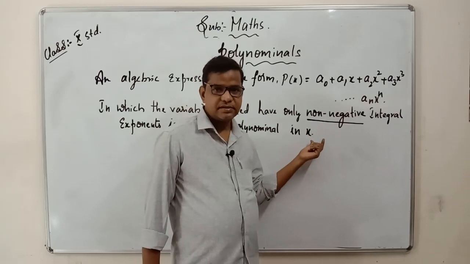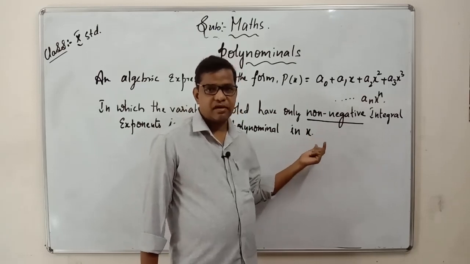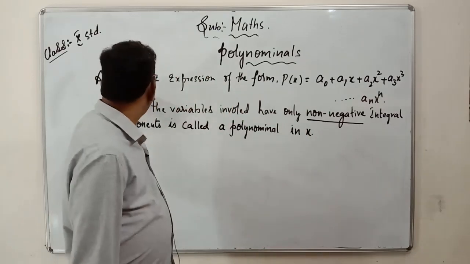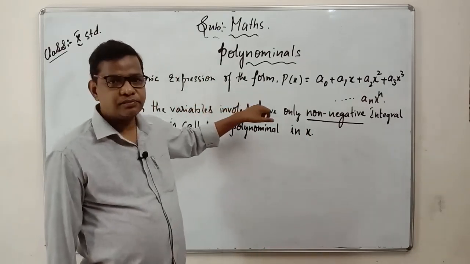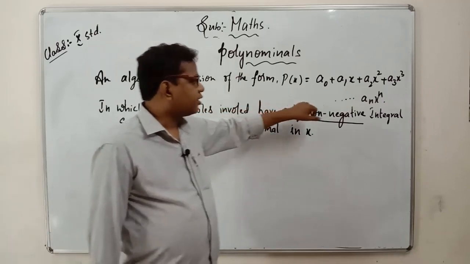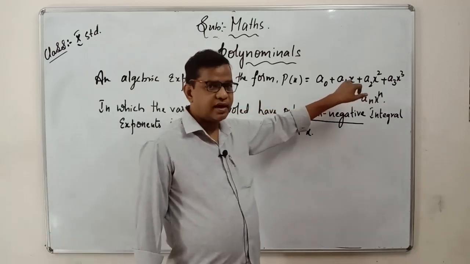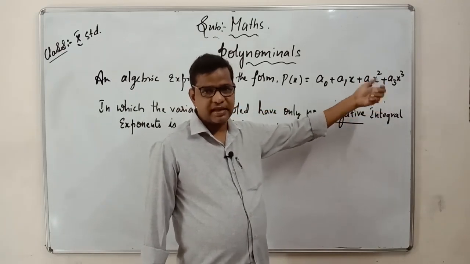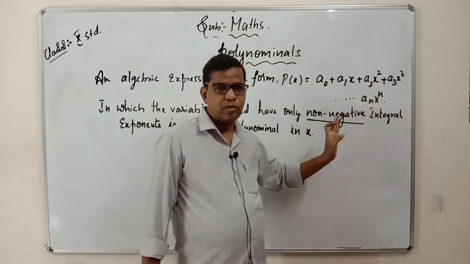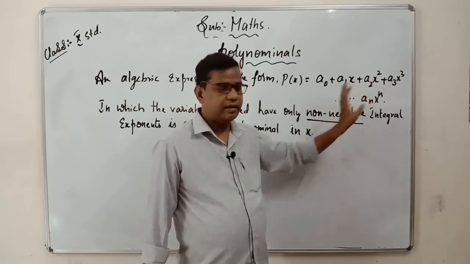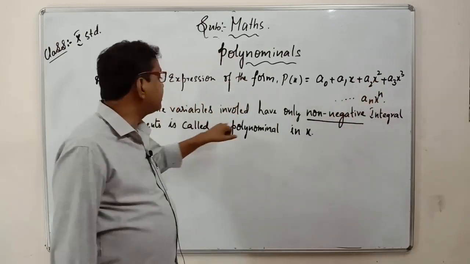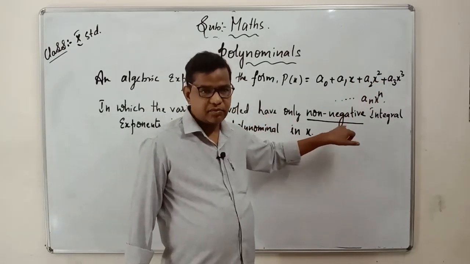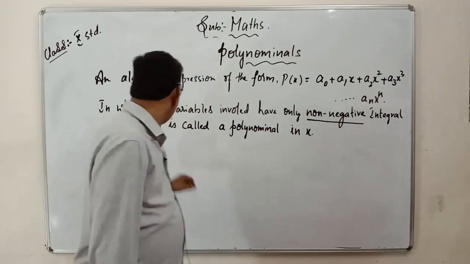So copy this. This is the main definition of the polynomial. Once again I will go through it. An algebraic expression of the form P of x equals a0 plus a1x plus a2x squared plus a3x cubed, and it goes on up to an x to the power of n, where the variables involved have only non-negative integral exponents.